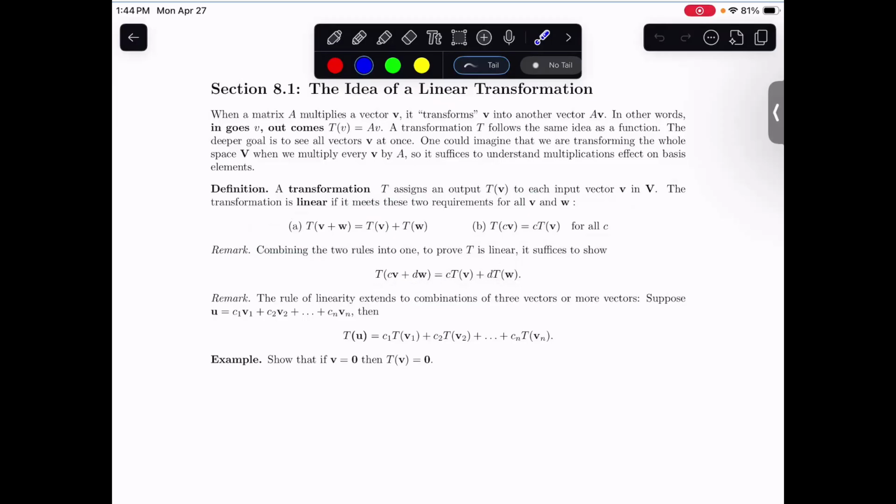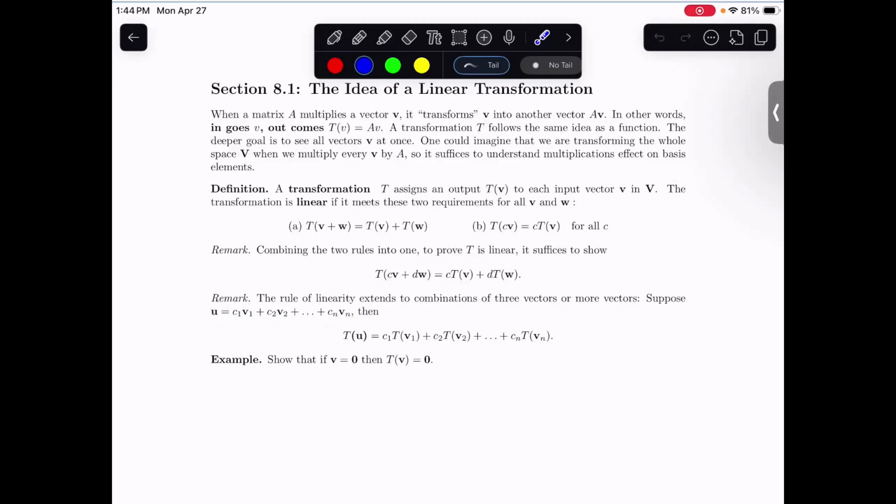And so I said something along these lines earlier in the semester, but if you understand what's going on with the basis of a vector space, then that's really all you need to understand, because any vector in a vector space can be expressed as a linear combination of basis elements. So if you have any vector u in a vector space V, you can express it as a linear combination of the basis elements.